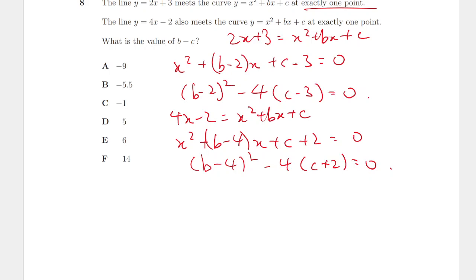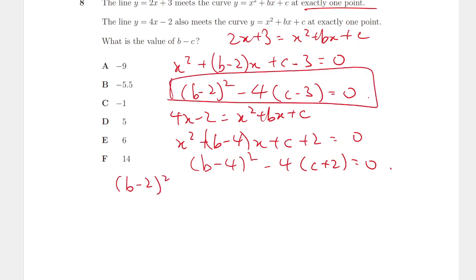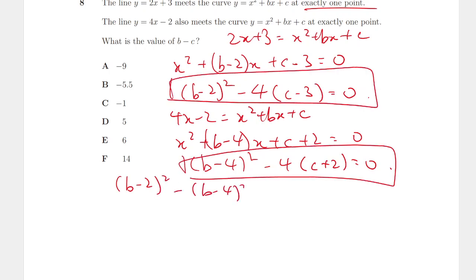So (b minus 2) squared, the equation on top, minus the bottom one, top guy minus bottom guy, minus (b minus 4) squared, plus 12 plus 8 equals 0. Agreed? Just be careful of the positives and negatives. So the 4c's cancel themselves, lovely. b squared minus 4b plus 4, okay, you just have to do it. I think there's no shortcuts, eh?